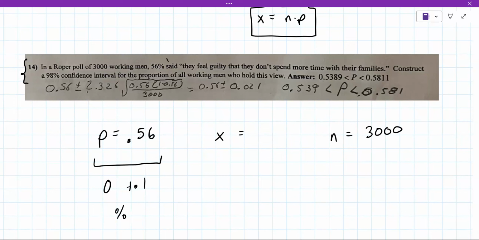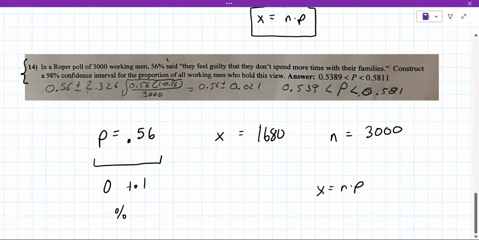And just like the last problem, they do not give you X, so you have to calculate X. X is N times P. Oh, okay. So 1680. Okay, and this is nice. This works out just fine.